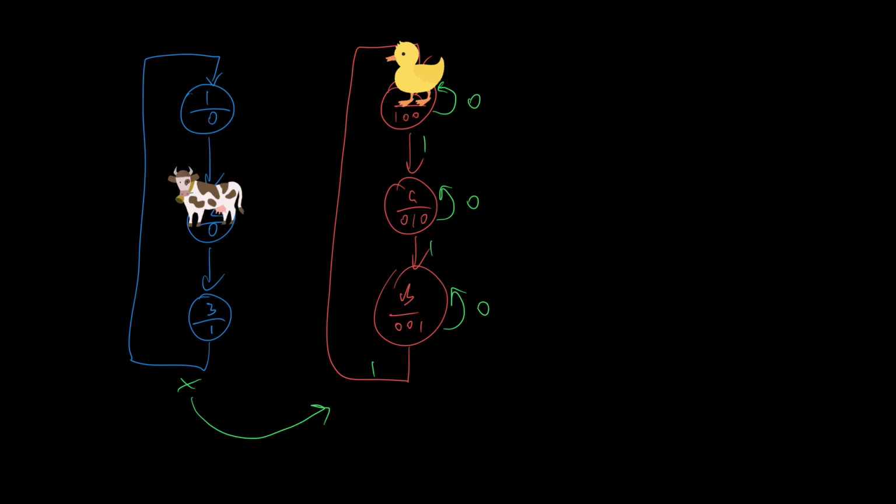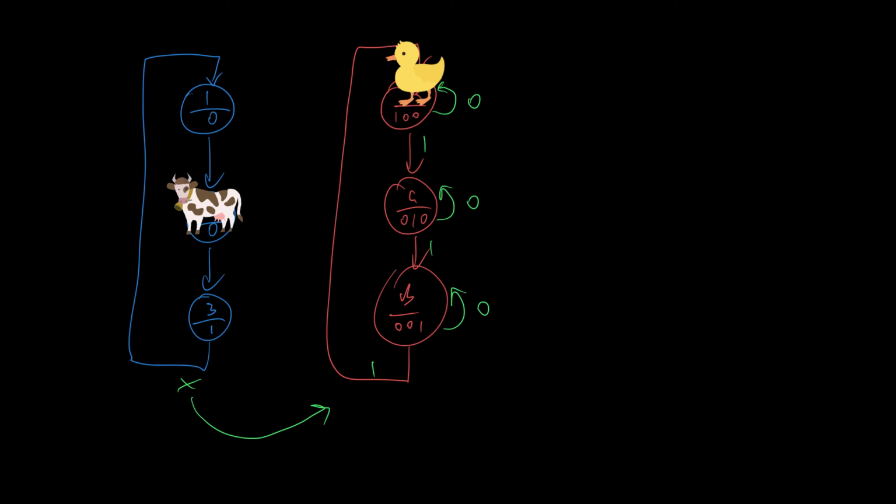At the rising edge of the clock, when we were back here, by the way, the outputs are 0. So that means that the input to the red finite state machine is 0. So at the rising edge of the clock, the cow goes down here and the little ducky goes round and stays here because the input was a 0.